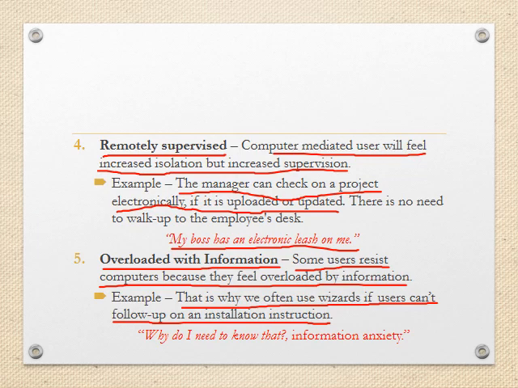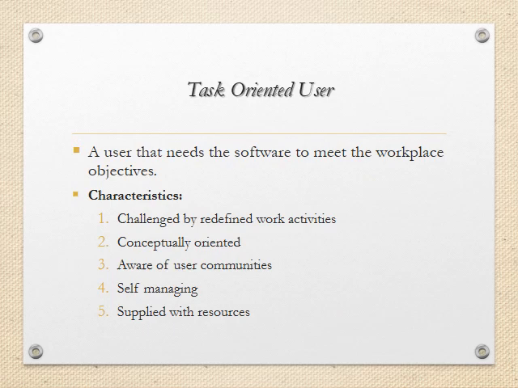The wizard is our way to make the process easy for the default users, because if we make them follow the full process, they would have to enter values, and that is too much information for them. So those users feel, why do I need to know that? And this is what we call information anxiety, when they feel loaded with information.